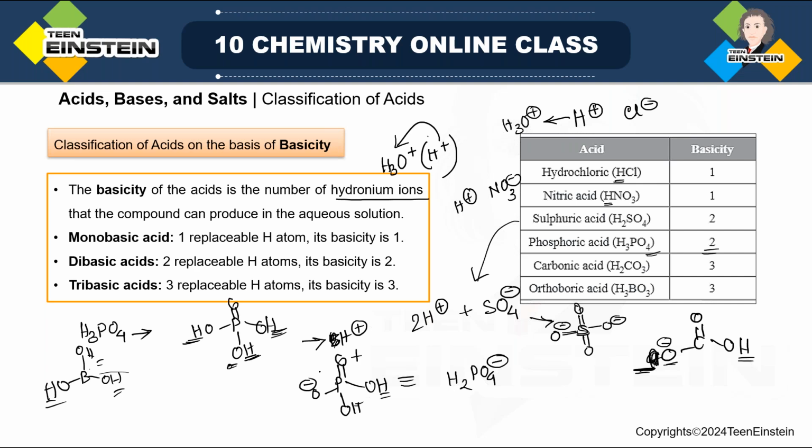So in this way, in the classification of acids on the basis of basicity, we have seen 3 types. Mostly up to tribasic it is okay. So phosphoric acid is 3, and carbonic acid will be 2. It was exchanged by mistake.